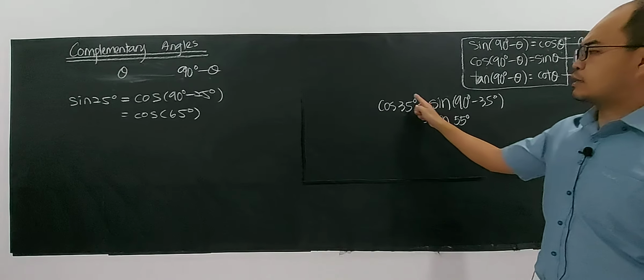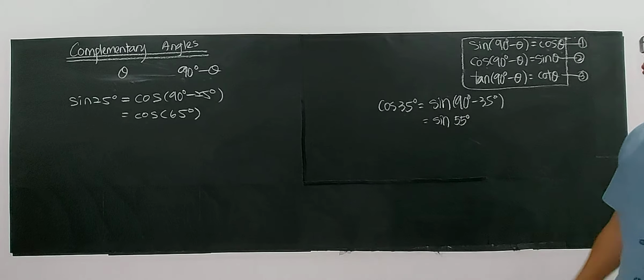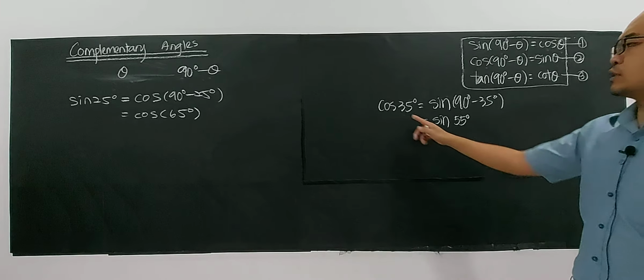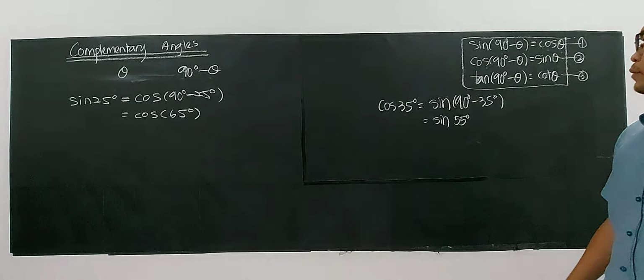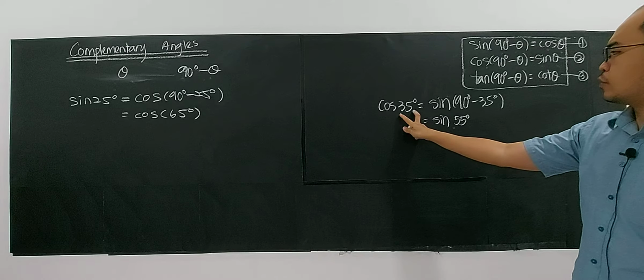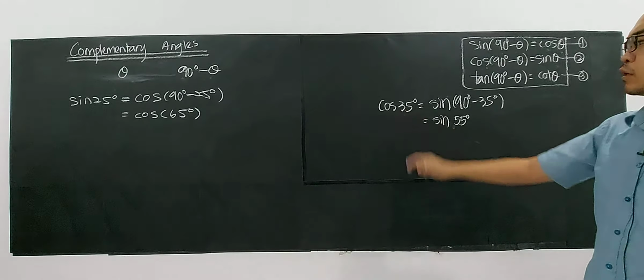So if you use a calculator to evaluate cos 35, it's the same as the value of sine 55. The value will be the same, because when you add up these two, 55 plus 35, you get 90. This is the complementary angle for this acute angle.